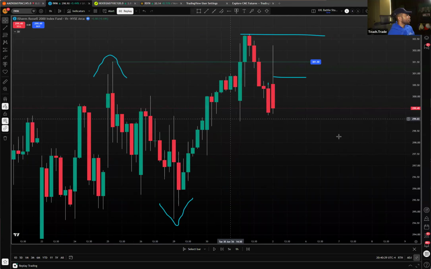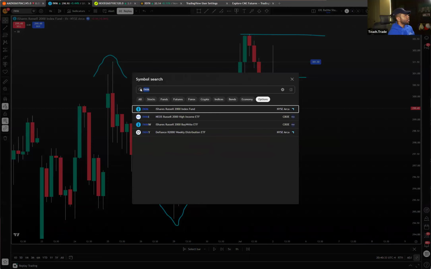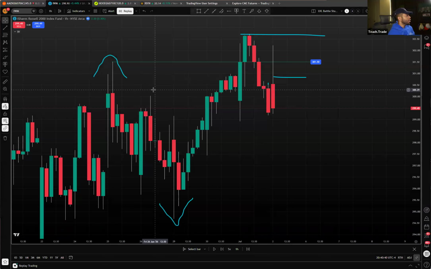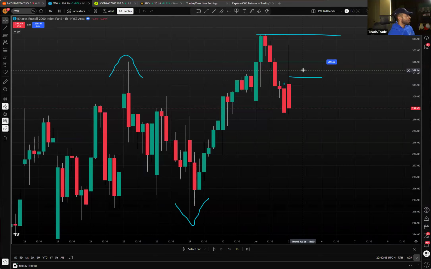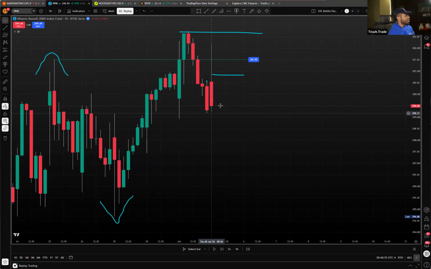You can simply go to IWM. You type that there on your computer or on your phone or tablet, and you just hit enter, and that brings you to the chart. You'll see that this is where I'm following recent days of action using the hourly time frame and putting this as our North Star.